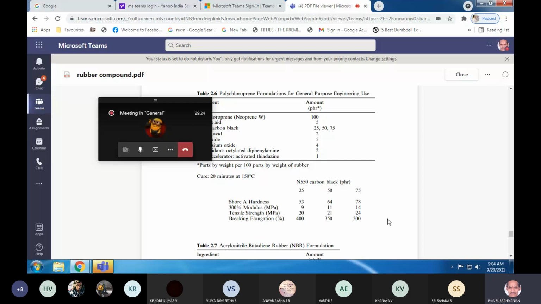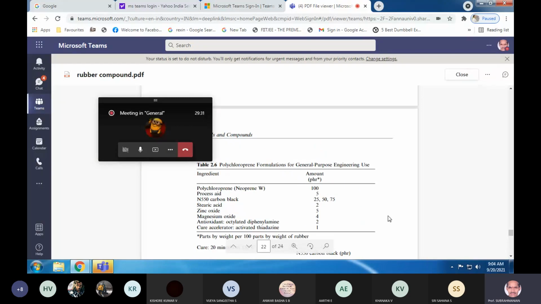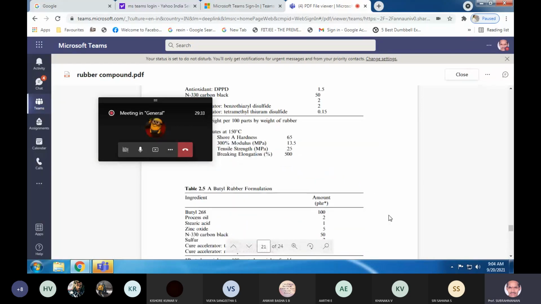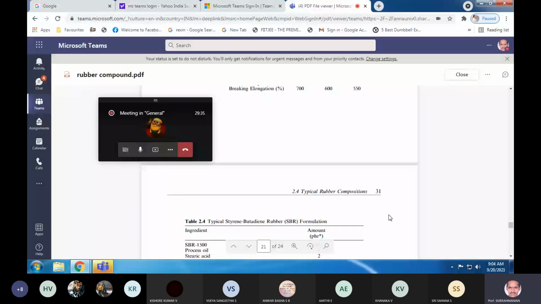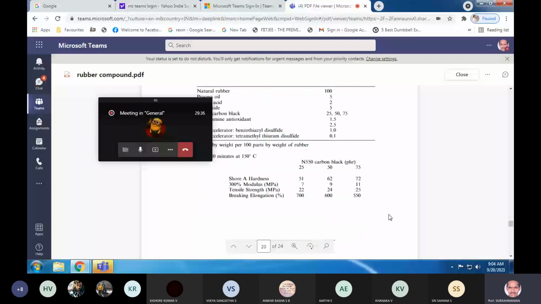So we have seen this chloroprene rubber. Now look at NR, the similar trend.